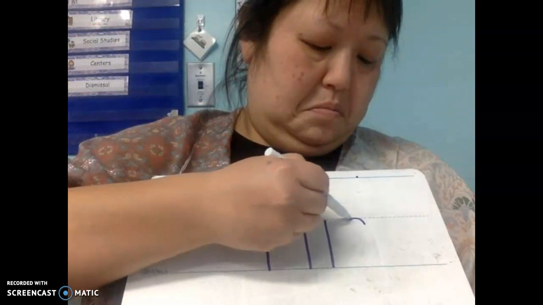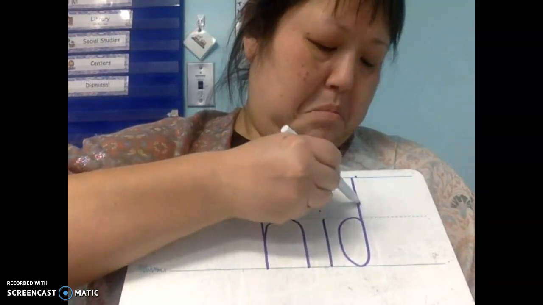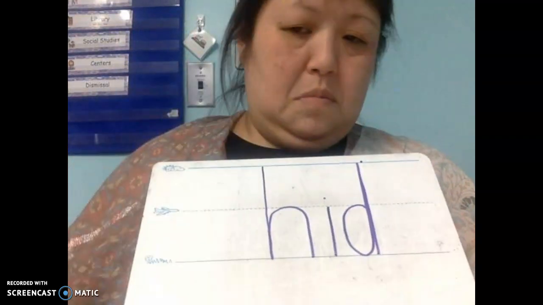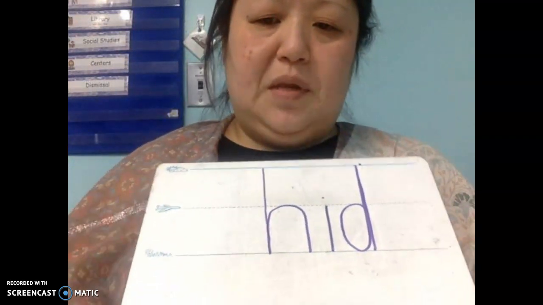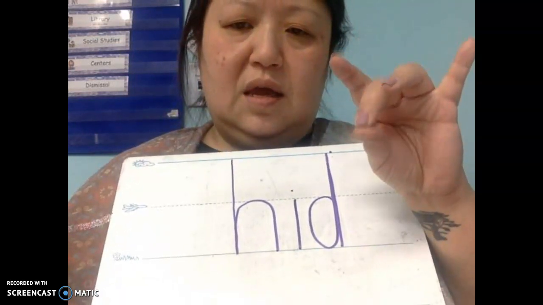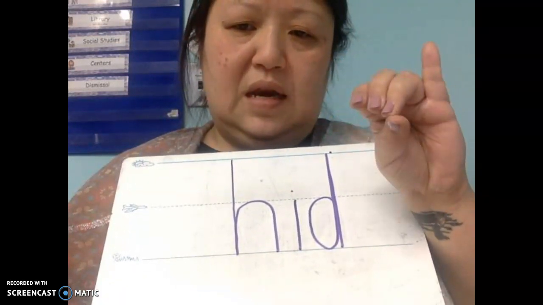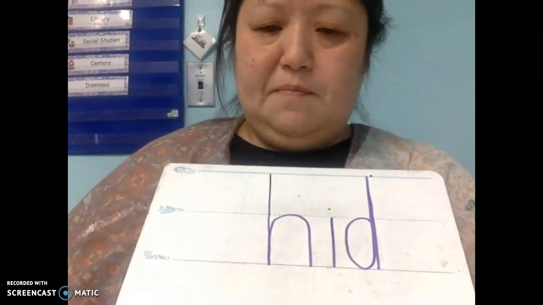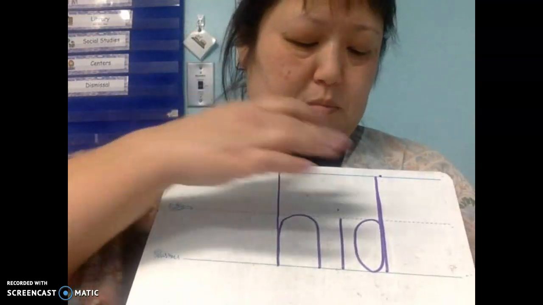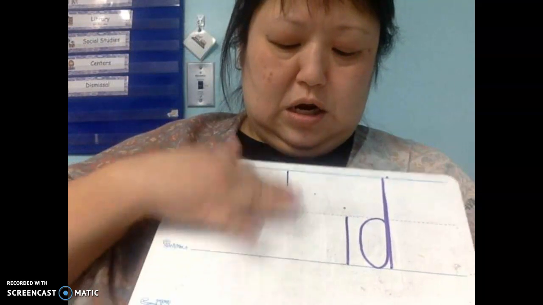We're going to change the word again. There we go. You ready? Here we go. We're going to tap it together. H, i, d, hid. Okay, so this is the word hid. And we're going to fix it one more time.